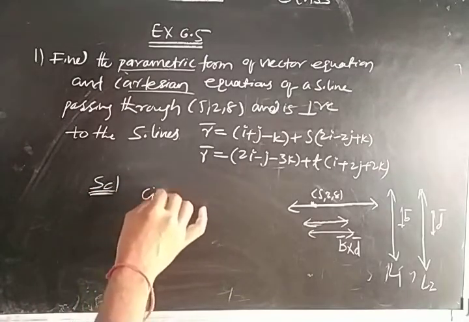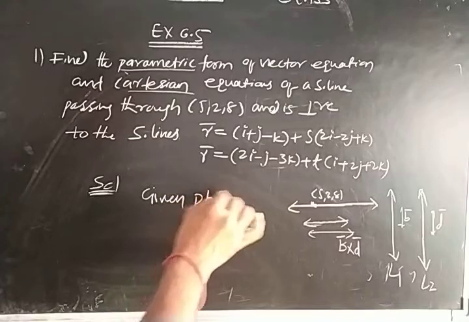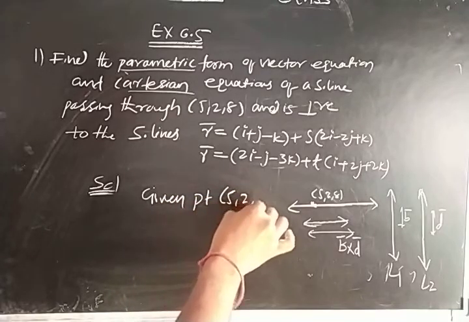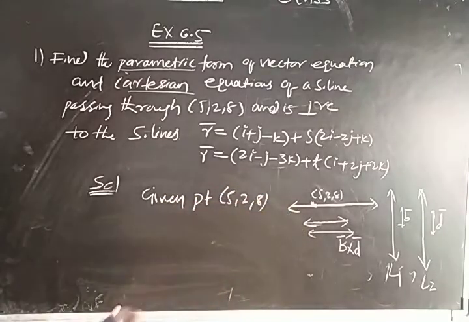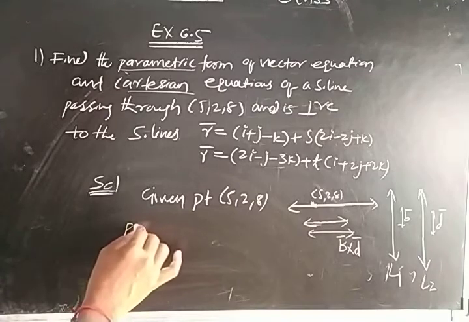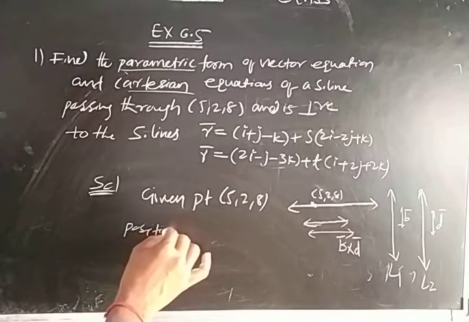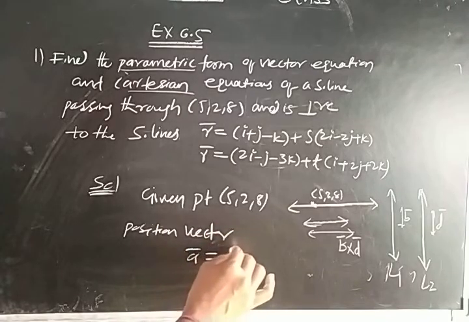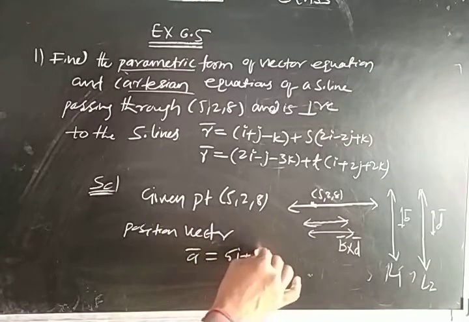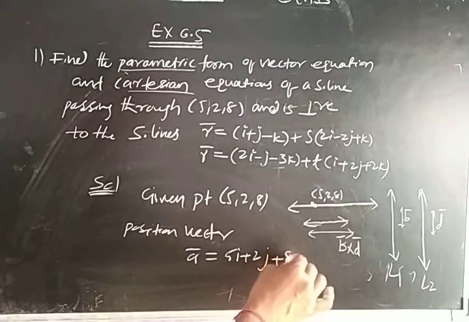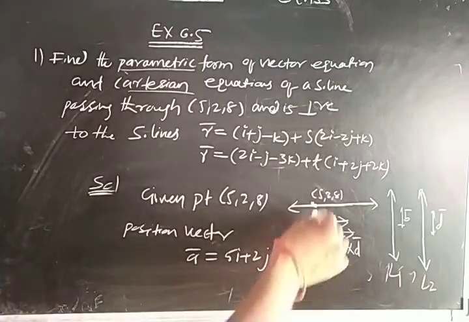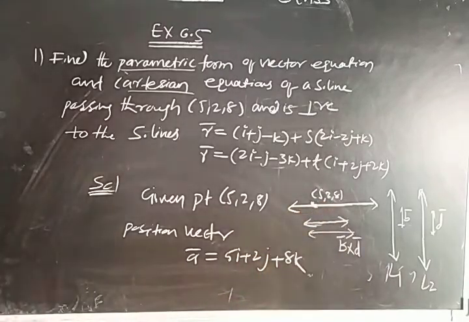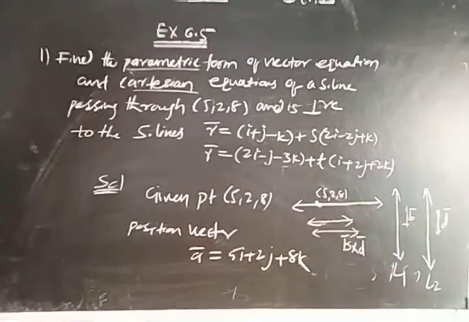Given point 5, 2, 8, and taking the position vector of this point, I am taking a bar equal to 5i plus 2j plus 8k. This is the position vector of a point which is lying on the required line.